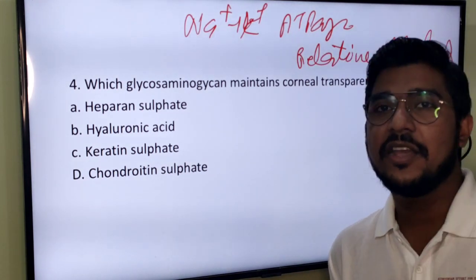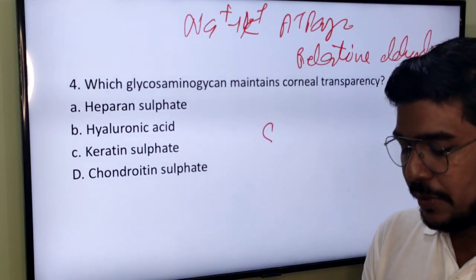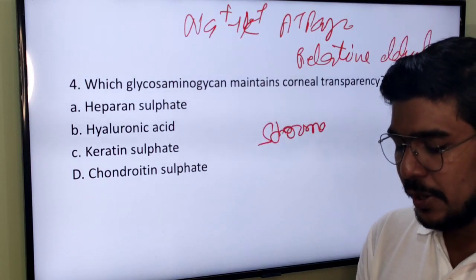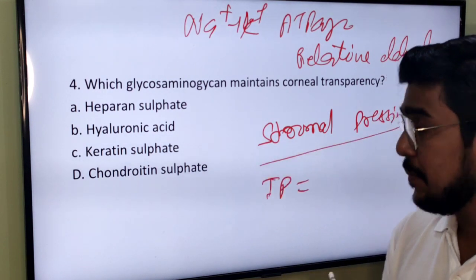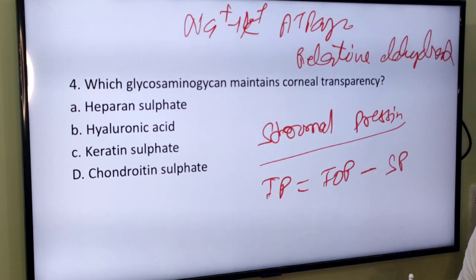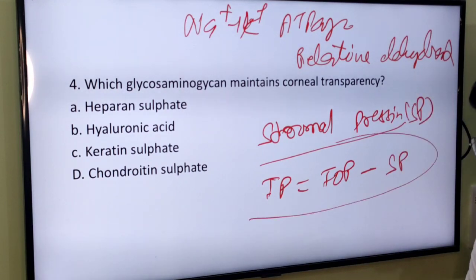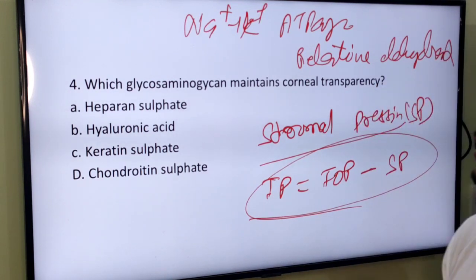And there is yet another thing that is called stromal pressure. There is IP, that is imbibition pressure, which is IOP, intraocular pressure, minus stromal pressure. So you have to maintain this imbibition pressure to keep the cornea transparent.